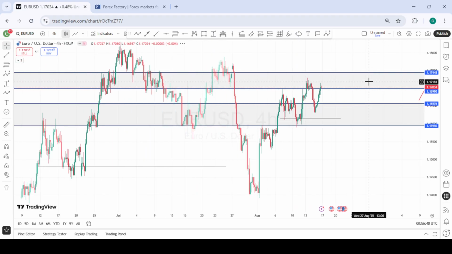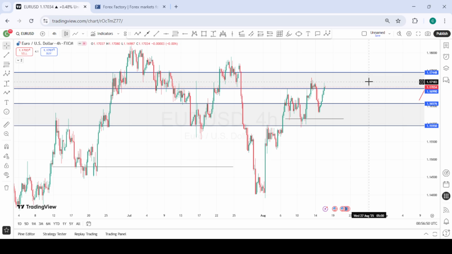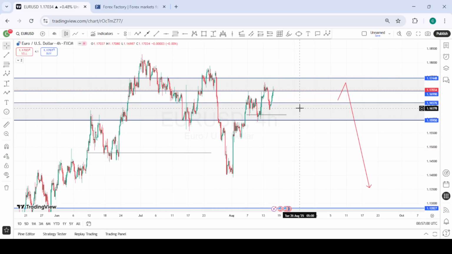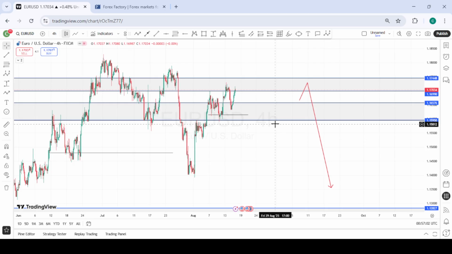So this is Euro USD. For Euro USD, I'm currently neutral. We don't have our full confirmations yet. From the previous weeks, we were expecting price to react from this first zone, and price broke above it and reached the second zone above.